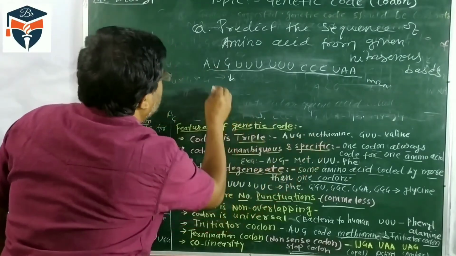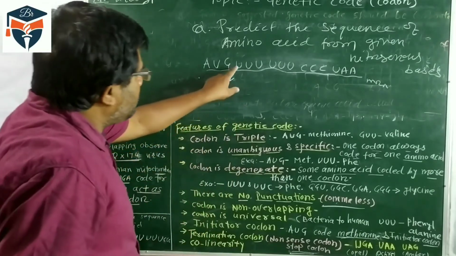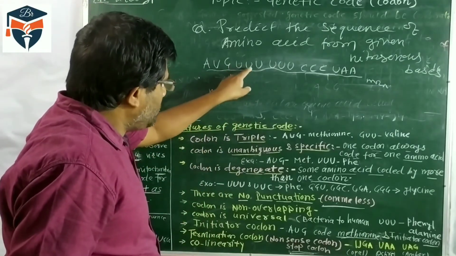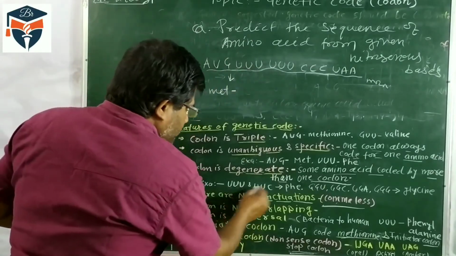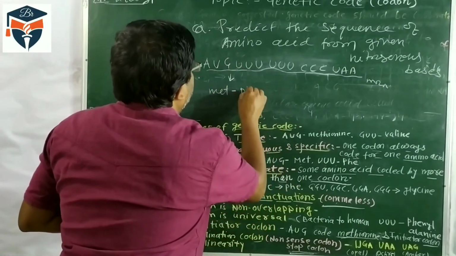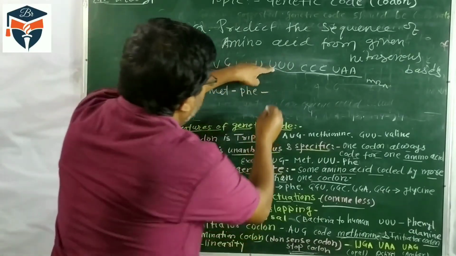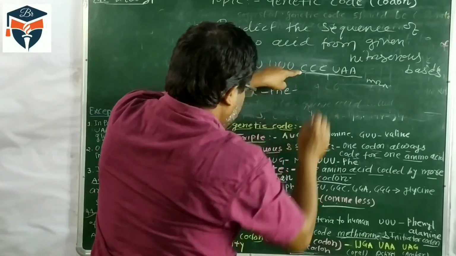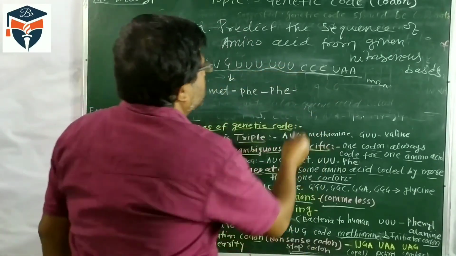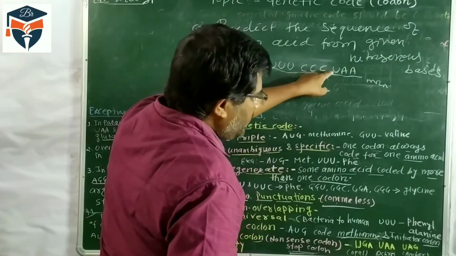So AUG codes for methionine. The first one is methionine. The second, UUU, is for phenylalanine. This UUU again forms phenylalanine. CCC, as I told you, is for proline.